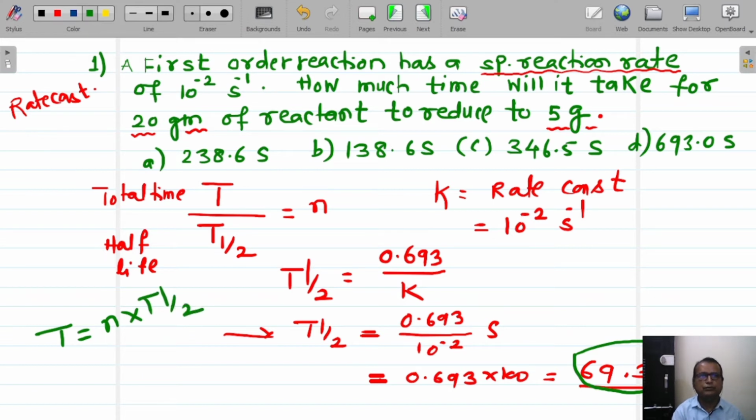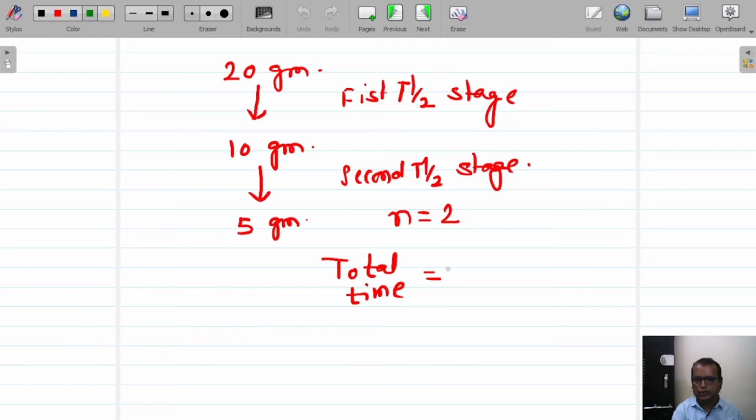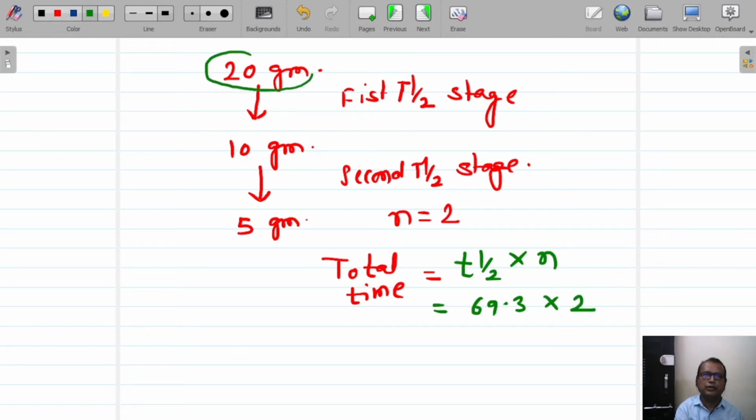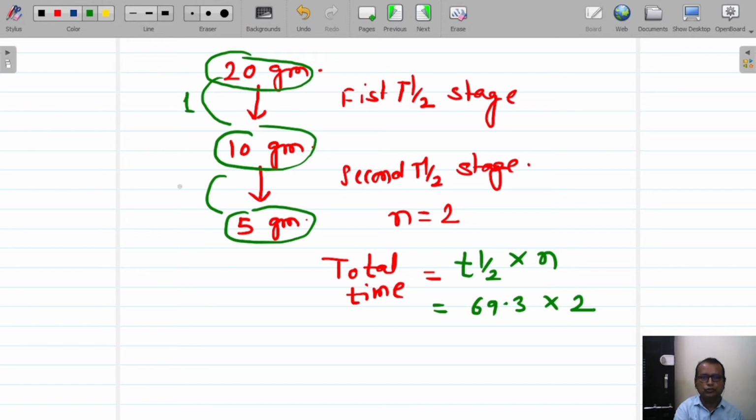So total time is equal to T half into N, where N is equal to 2 and T half means 69.3 seconds. Two half-life stages are there: 20 is converted into 10, then 10 is converted into 5. One and two, two half-life stages.